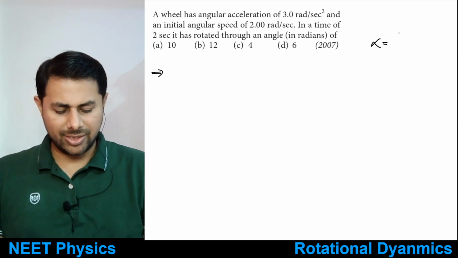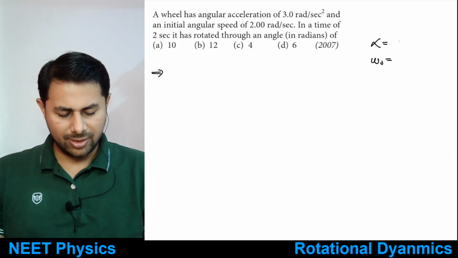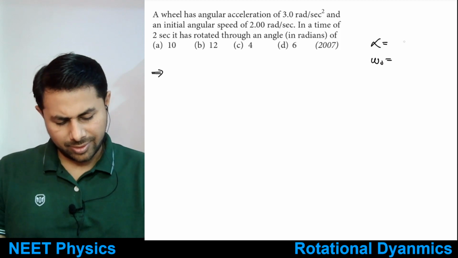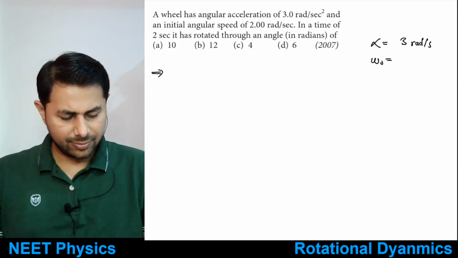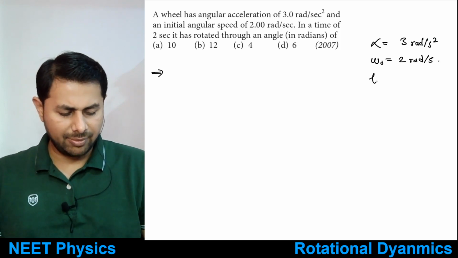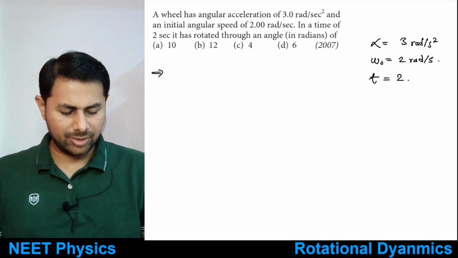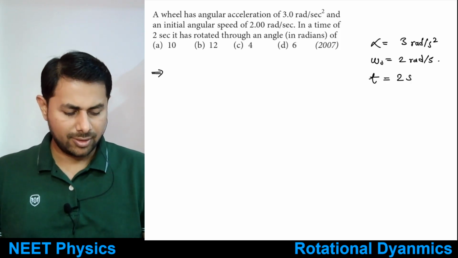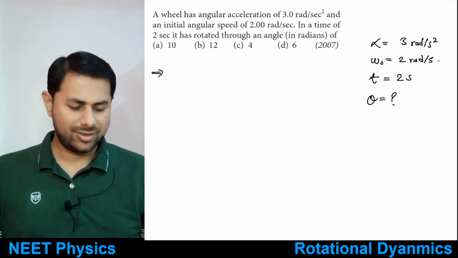Alpha is equal to 3 radians per second squared, omega naught is 2 radians per second, and time is 2 seconds. And the question is, it rotates through some angle.